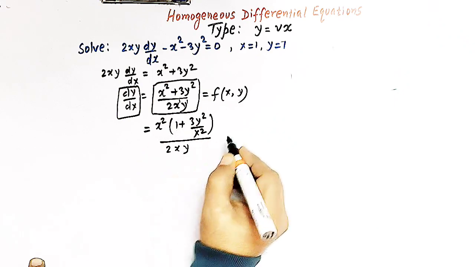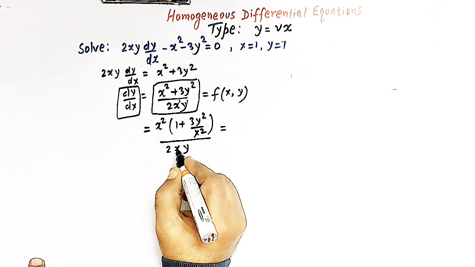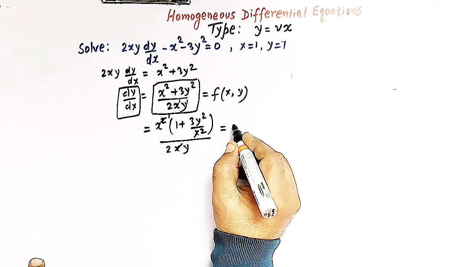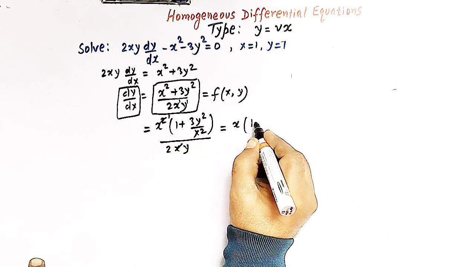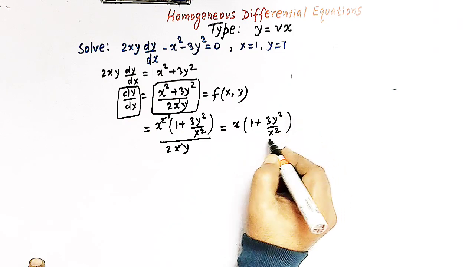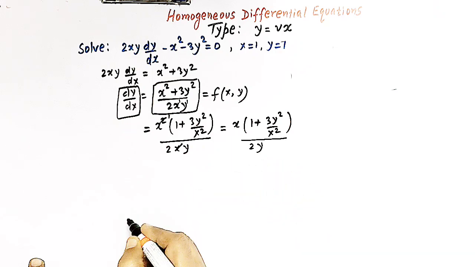And in the denominator we have 2xy, right? Now here what we can do, we can cancel this x with this one, and we have x and 1 plus 3y square over x square, and here we have 2y, right?